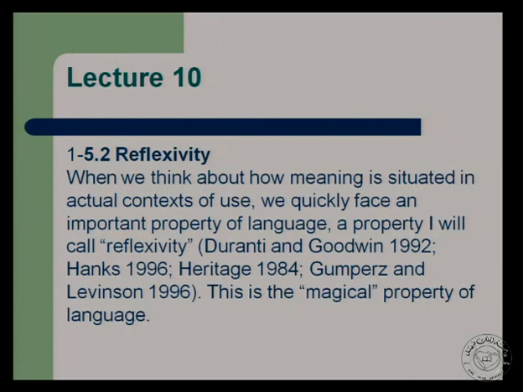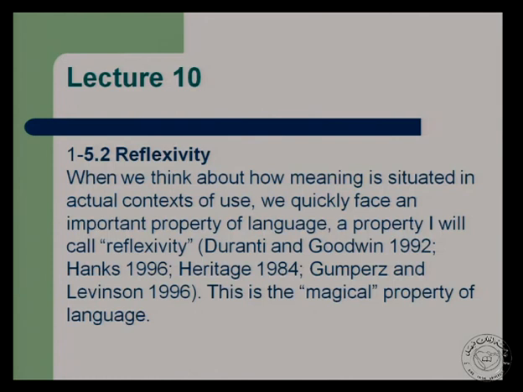Reflexivity is derived from the word reflex. If you remember, we have the reflexive pronoun; you might have faced that word in the past in that context. Reflex means mirror, in other words.